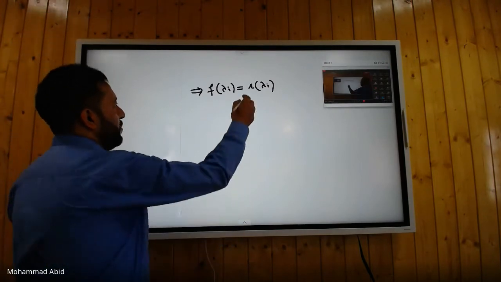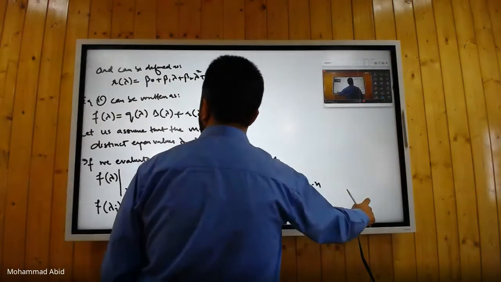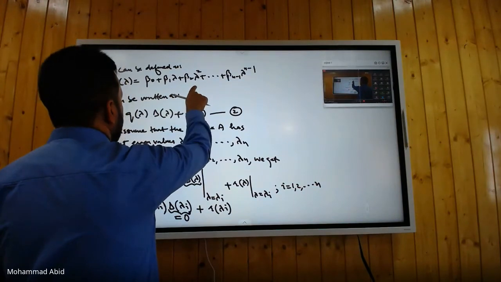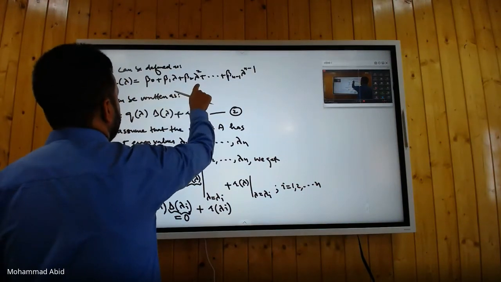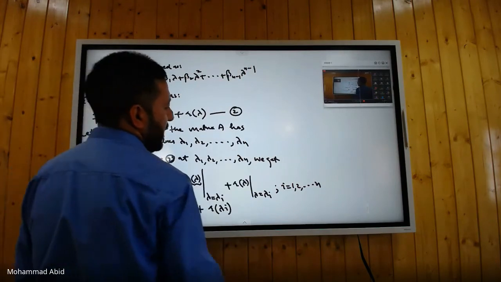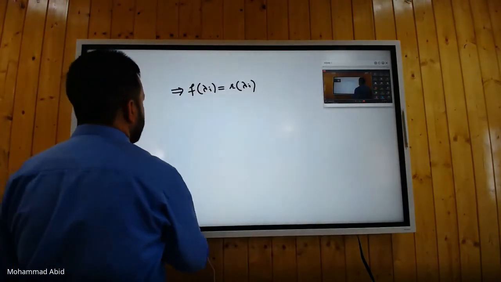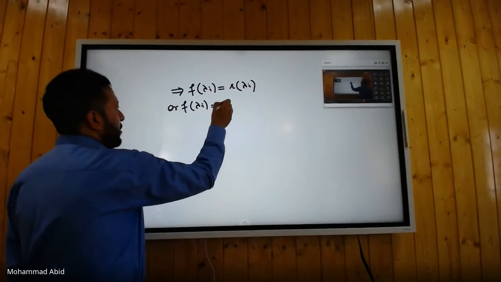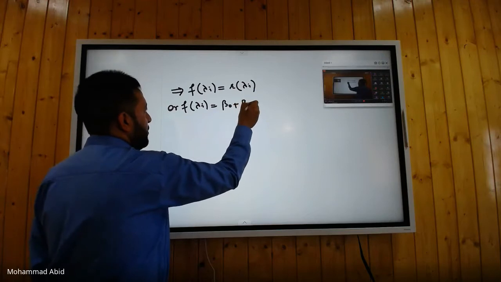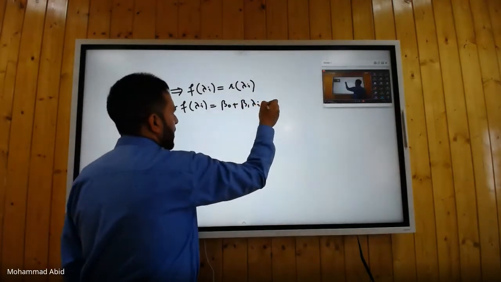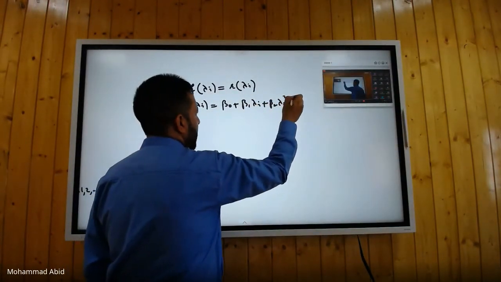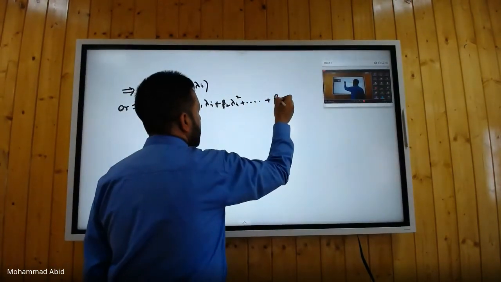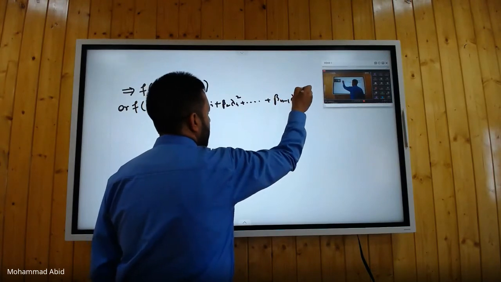And what is r lambda actually? R lambda is this, isn't it? R lambda is your beta naught plus beta 1 lambda plus beta 2 lambda square plus so on up to beta n minus 1 lambda raised to n minus 1. So I can write f lambda i is equal to beta naught plus beta 1 lambda i plus beta 2 lambda i square plus so on, beta n minus 1 lambda i raised to n minus 1.